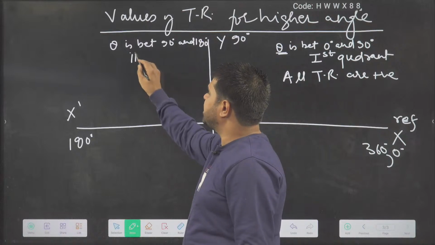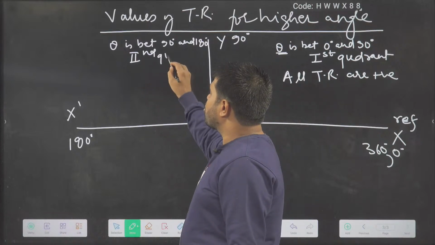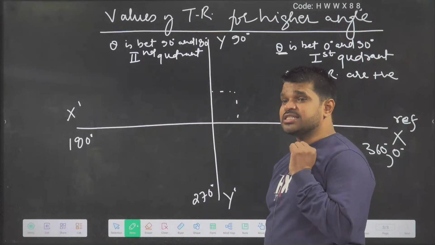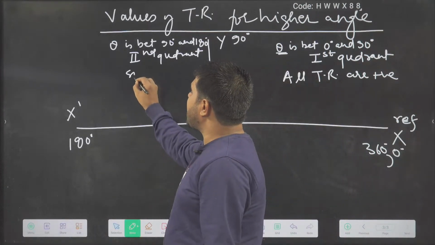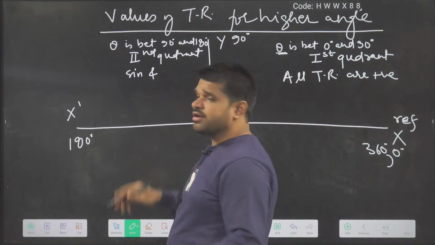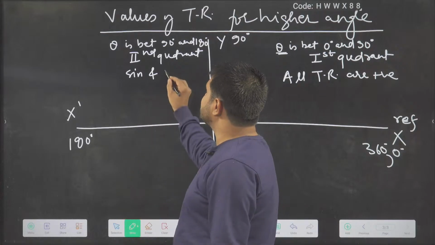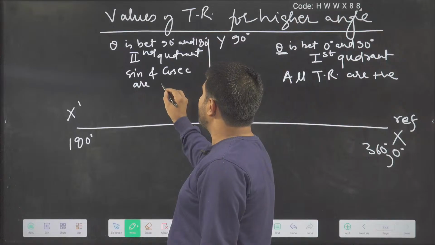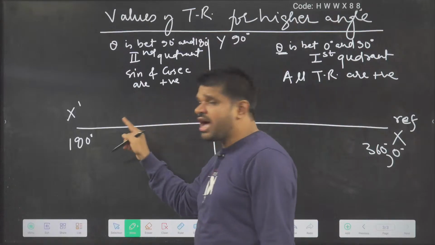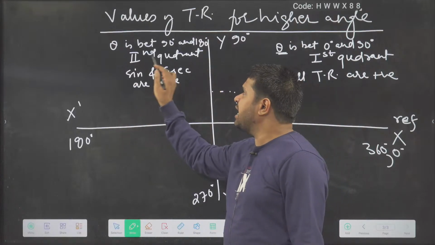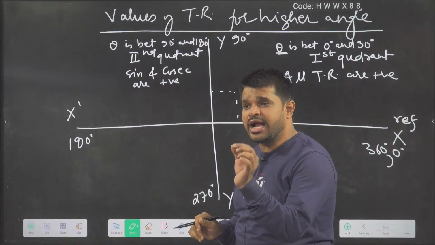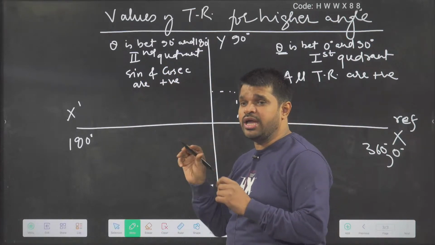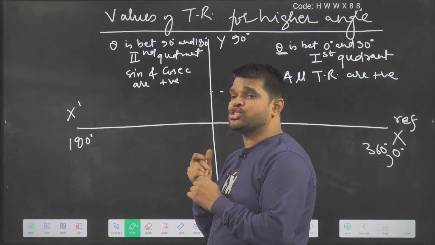And remember, in the second quadrant, sine and the reciprocal of sine, cosec, are positive.